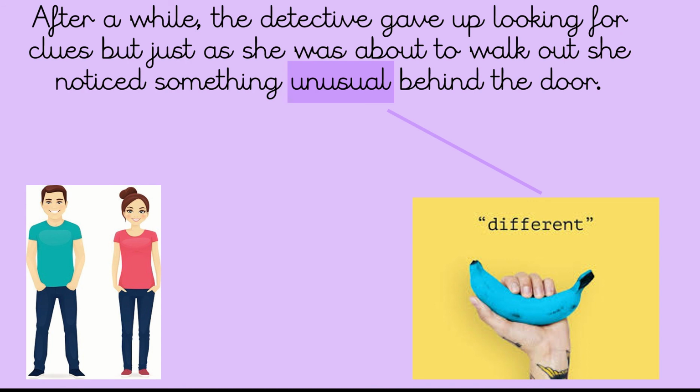But just as she was about to walk out, so she's just going to walk out of the door, she noticed, that means she saw something unusual, something different behind the door. And maybe this would be a clue that has given her some evidence about who has done this crime. Okay? Because I know it's a crime because detectives normally look for clues when somebody's done something they shouldn't have.